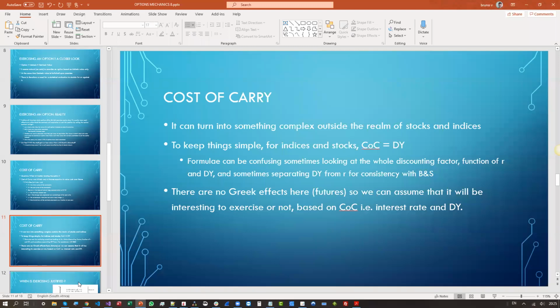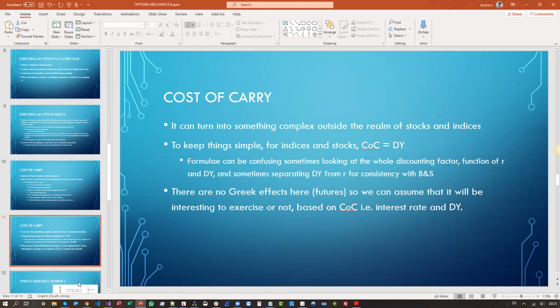But again, if we look at things the simplest way, most of us trade stocks or indices, and options on stocks and indices. And in that instance, cost of carry is basically the dividend yield.